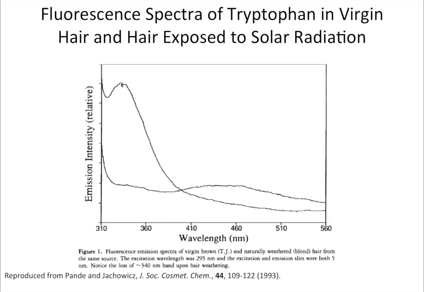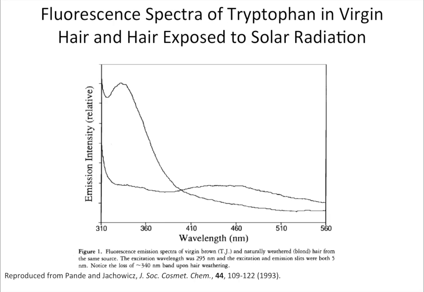What you see is that when you take hair and expose it to UV light for, I don't know, 72 hours or something like that, and come back and read the fluorescence of tryptophan, you'll see that it drops from its initial state. So it goes from up here to down to here. And why? Because UV light damages tryptophan. That's pretty well known. And when it damages tryptophan, it essentially damages the rest of the protein structure as well.